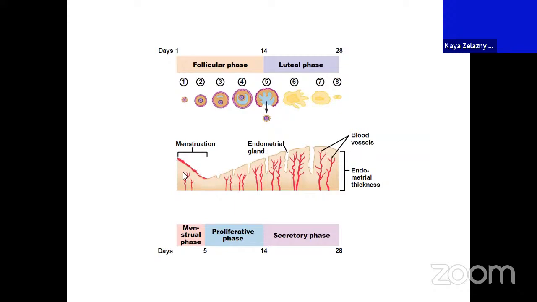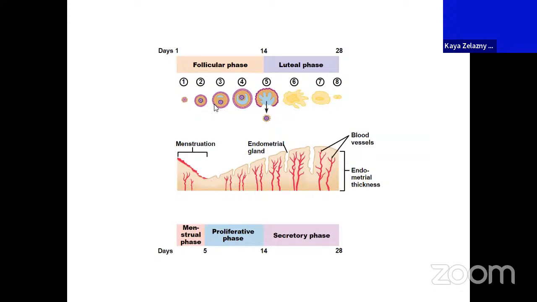We've got blood coming off the walls of the uterus. That blood is really the lining of the uterus. So we've got some tissue coming out of the body as these little primordial follicles are growing into primary, secondary, and then Graafian follicles. Okay, so that menstrual phase is first.